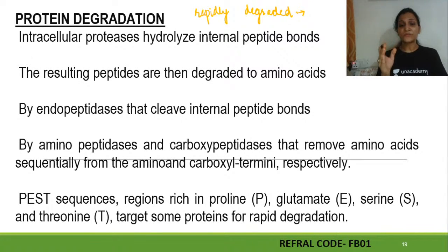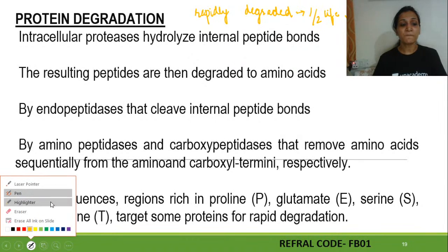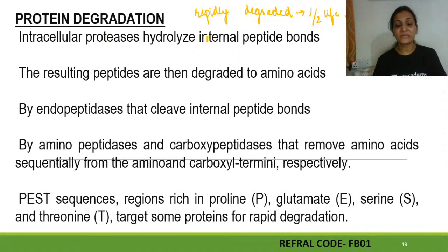Whenever a protein is formed, it has its own half-life. Its half-life will decrease when it is improperly folded. So intracellular proteases hydrolyze the internal peptide bonds. How the process of degradation of protein will occur is that intracellular proteases will hydrolyze the internal peptide bonds.